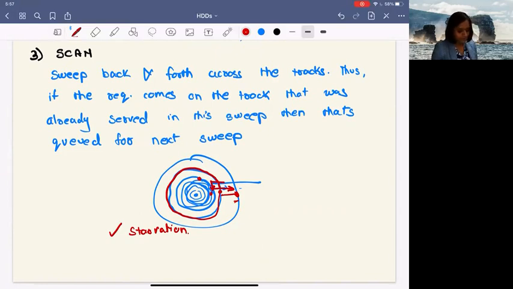But it could happen that, depending on where our starting position is, if we are starting from inside, then the outermost track is getting consecutive attention. So we would go all the way from inside to outside, and then we would start our journey back inside.